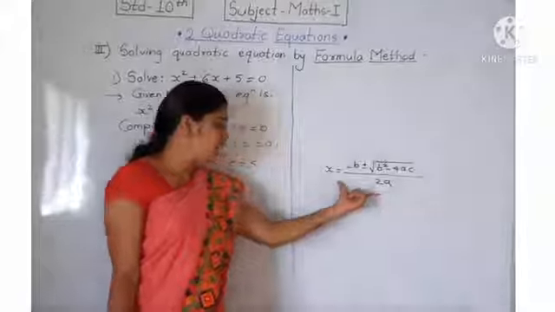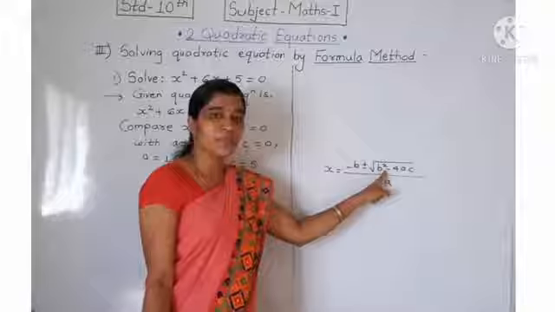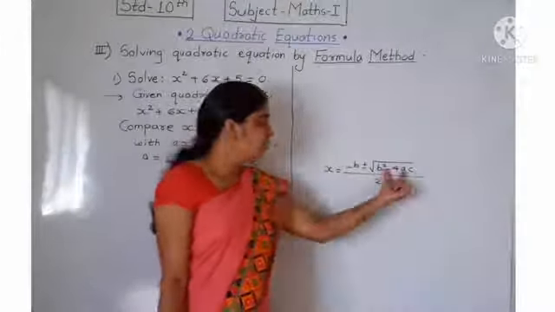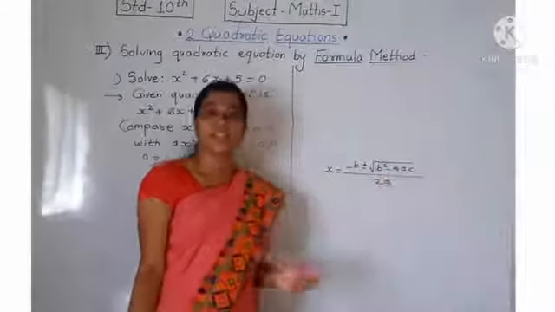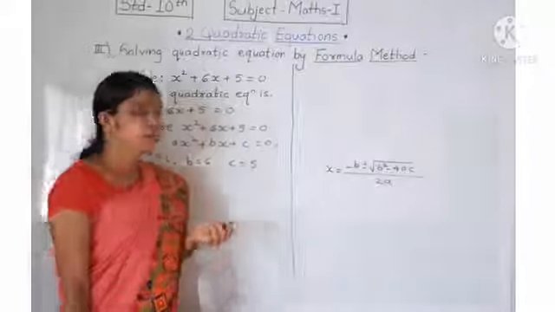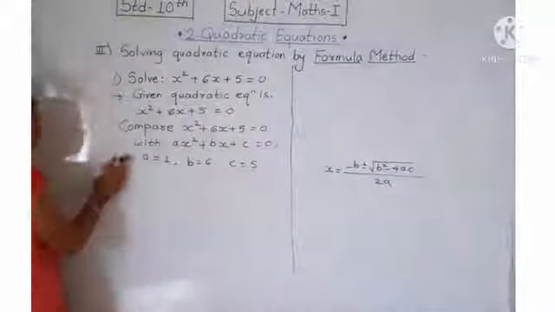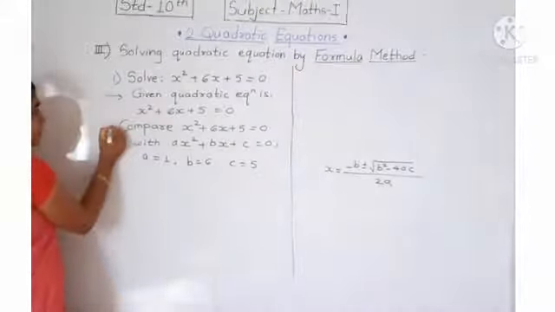Now in that formula, we want the term in the root. Which term is present there? b square minus 4ac. So separate it first and find b square minus 4ac. It is also called the discriminant. First step, you compare and find the values of a, b, c.